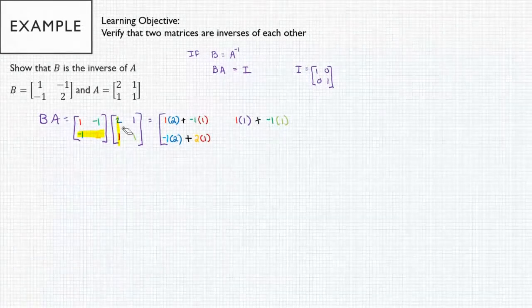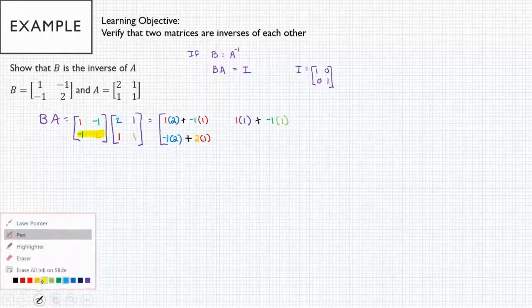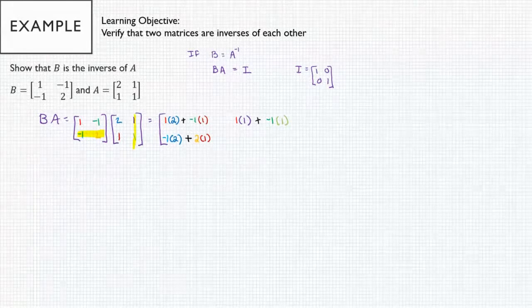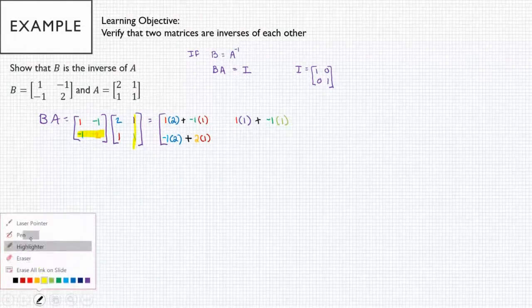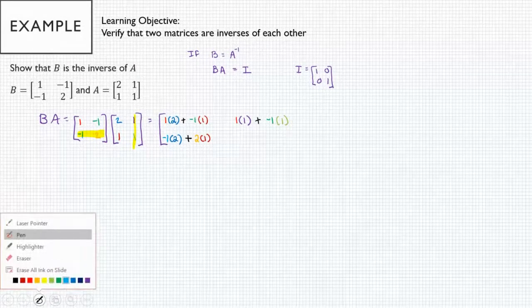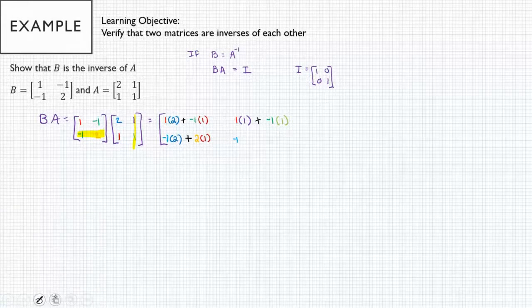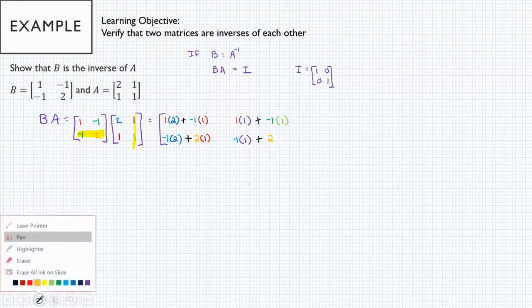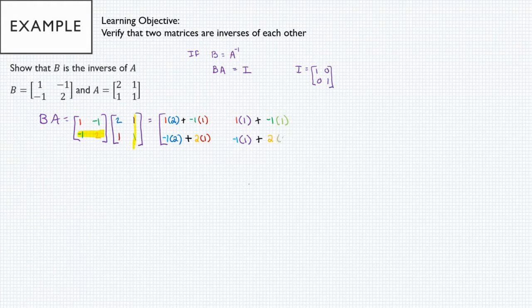Once I've gotten that done, I'm going to move on from the first column to the second column. So I'm still going to have that light blue -1, and now I'm going to multiply it by my purple 1, plus my orange 2, multiplied by my light green 1.